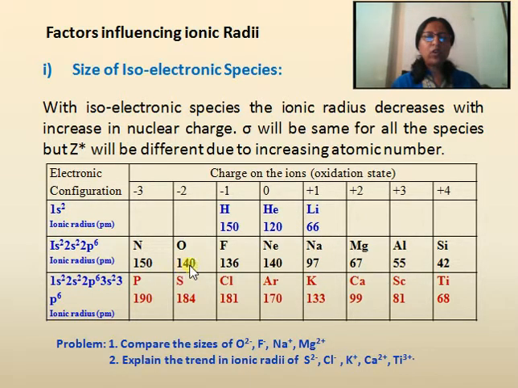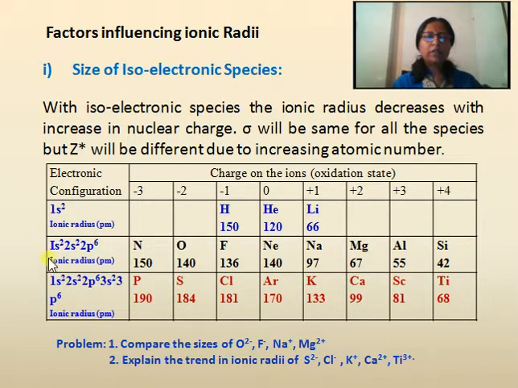Now if we compare this series, here we have nitrogen, oxygen, fluorine, neon, sodium, magnesium, aluminium and silicon. Nitrogen is present as N3 minus, oxygen as O2 minus, fluorine as F minus, then neon in the neutral condition, and then sodium Na plus, magnesium in the +2 state, aluminium in the +3 state, and silicon in the +4 oxidation state.